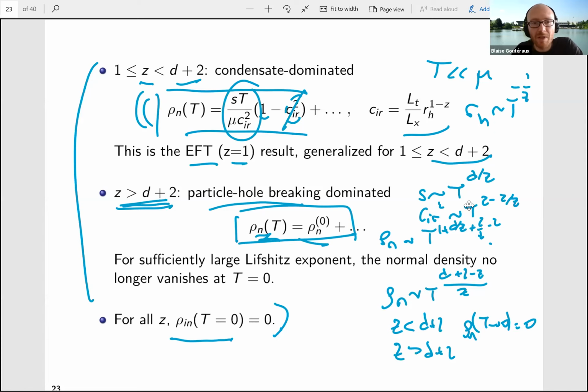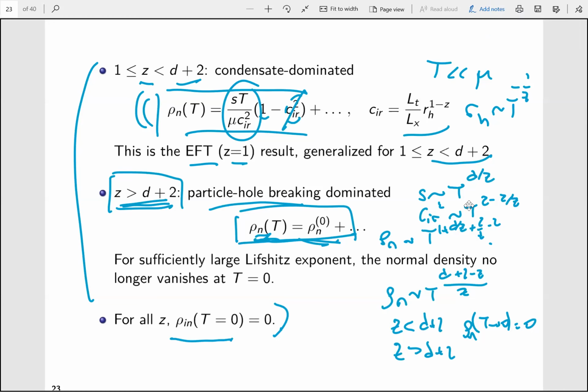And actually, when you do the calculation more carefully, assuming z greater than d plus 2 from the start, you would find that it doesn't diverge. It goes to some finite constant, but it doesn't vanish anymore. I see. Thanks for reminding me to say this. This is an important point. So you can anticipate the breakdown of this formula just by looking at the details of the temperature dependence. I see. Thanks a lot.